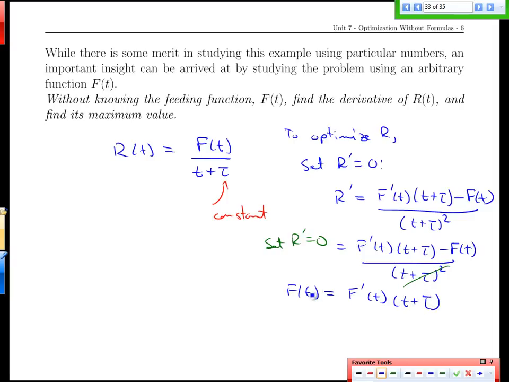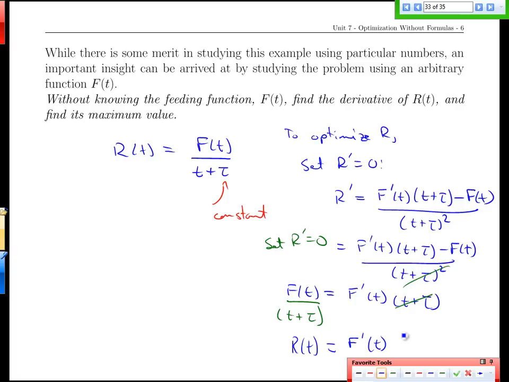Now it's not clear what we want to solve for here, but if I divide through by t plus tau here, I think you'll see what we just did. This is familiar. In fact, this is exactly r of t. And on the right-hand side, we have a derivative of f.